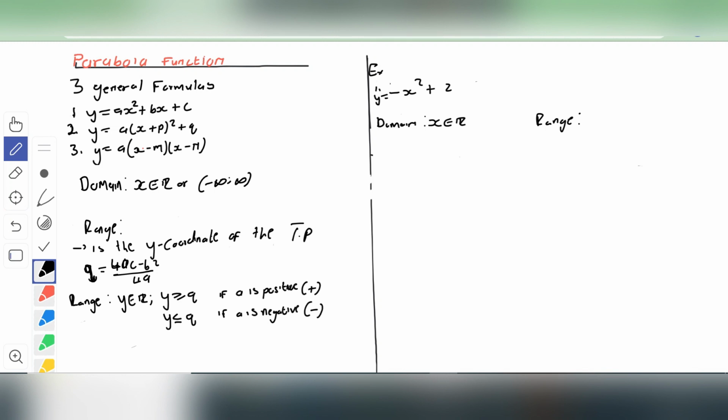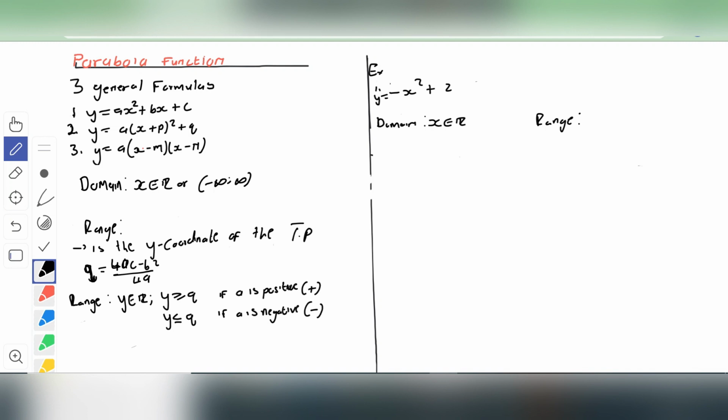What about the range? The first thing we check is the sign of a, which is the coefficient of x squared. It's negative.